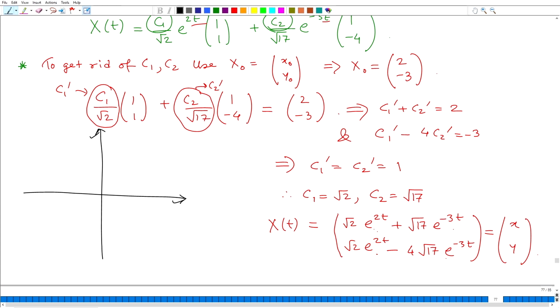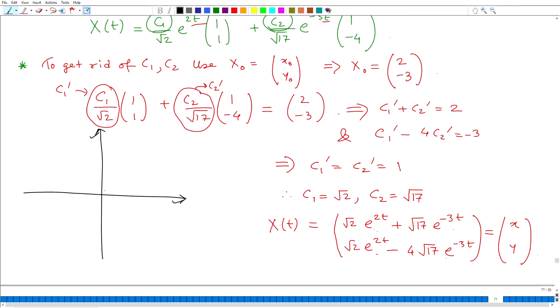On the other hand, here the hyperbolae are taking the eigenvector directions as their axes. Let us say one eigenvector was like this with 1 1, and another one was 1 minus 4, that can be given by this. And now, the hyperbola will be simply given by this type of curve.